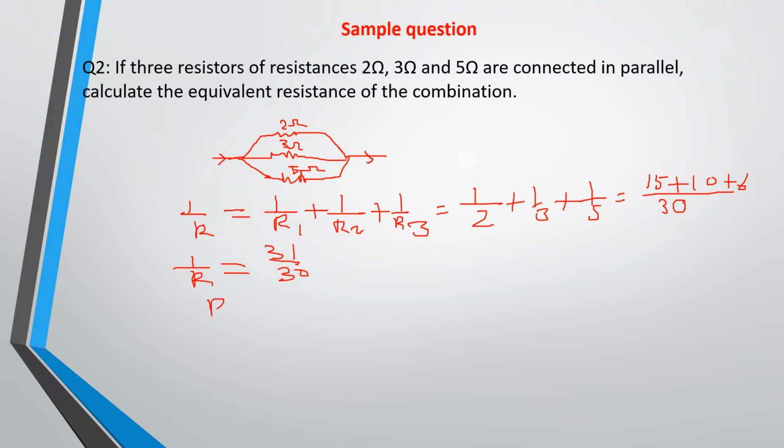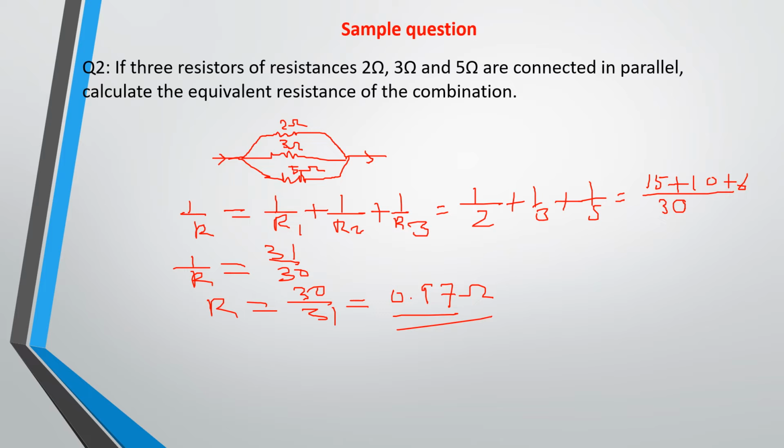Therefore, R, which is the resistance, equals 30 over 31, which gives us 0.97 ohm.